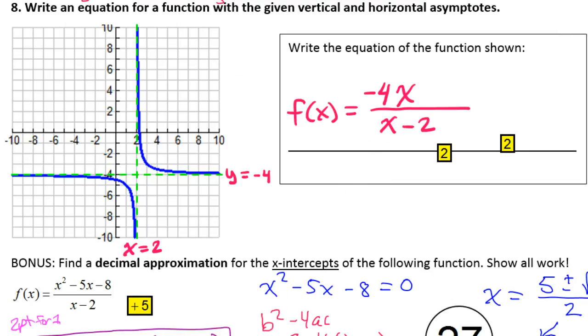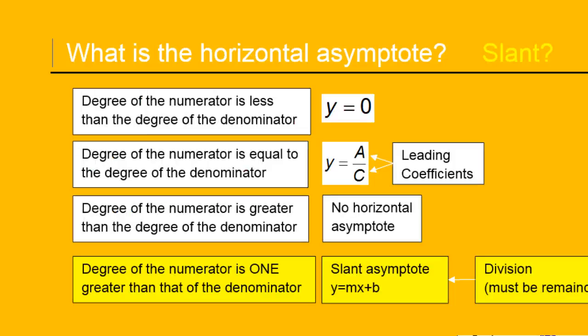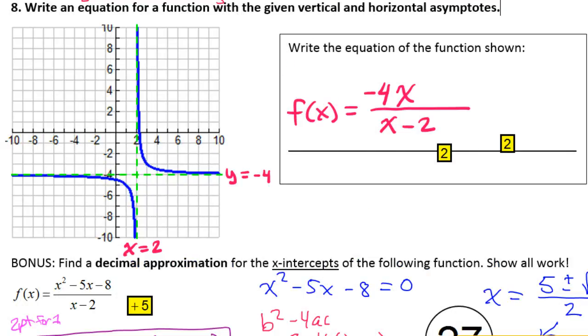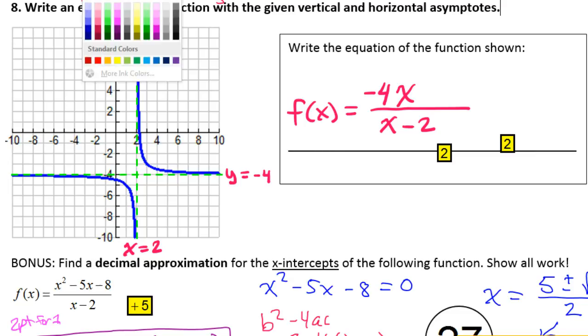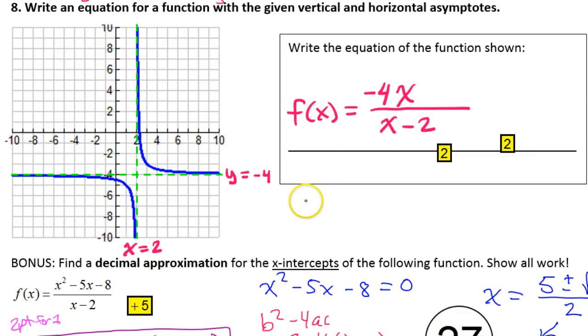Another solution would be to use the idea of having the degree of the numerator be less than the degree of the denominator. That would make the horizontal asymptote y equals 0, and then we can adjust from there. So I'm going to do this in green. So this is an alternate answer.